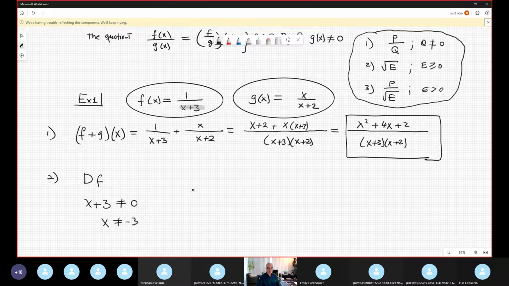Negative 3 is a bad guy, and this is logical, because negative 3 plus 3 is 0, and division by 0 is undefined. Likewise, for the domain of g you take the expression in the denominator. I don't care about the expression in the numerator, only the denominator, because the action is you need to avoid that it is 0. And the answer is x not equal to negative 2. Okay, you compute the domain of f and g separately.